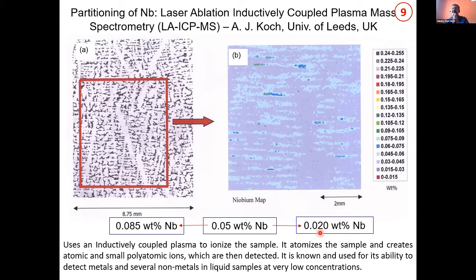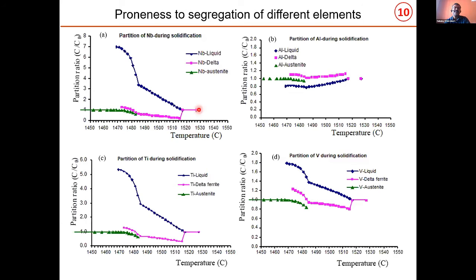So basically, due to segregation, the elements get partitioned with a higher amount in the solute rich interdendritic part and a lower amount at the solute depleted dendritic part. And these kinds of things can be predicted also. This is a simple Thermo-Calc prediction. During solidification, as the temperature decreases, we see niobium in the last liquid can enrich up to 7 times as per Thermo-Calc prediction.